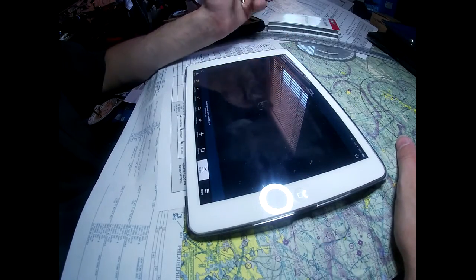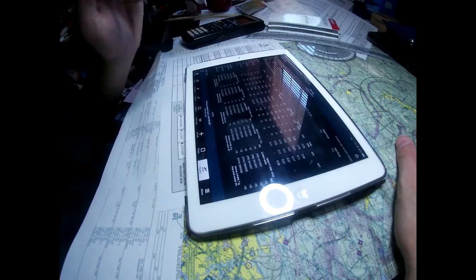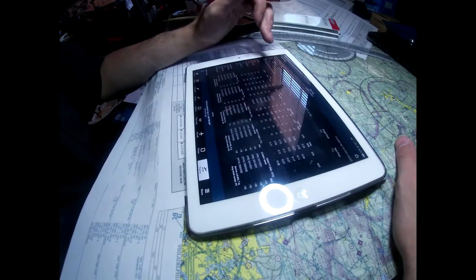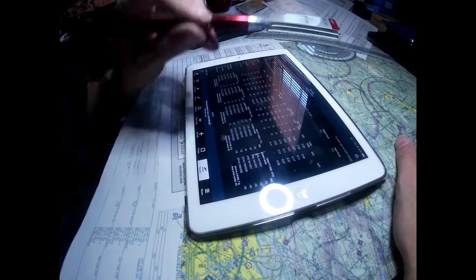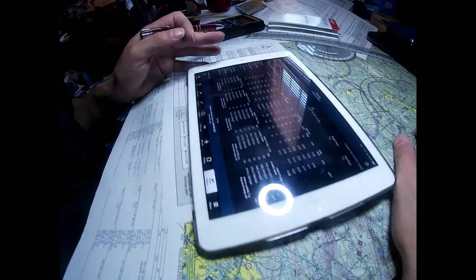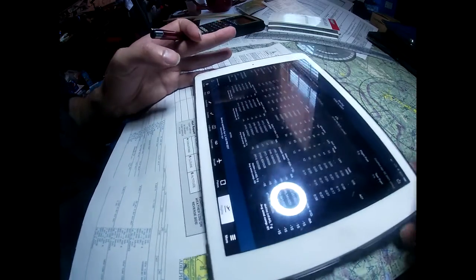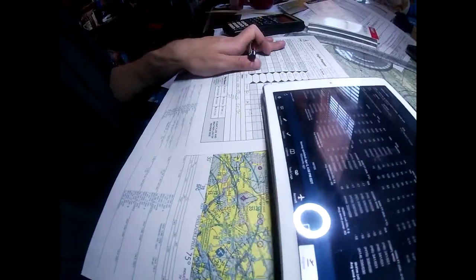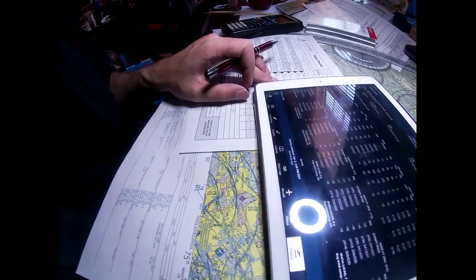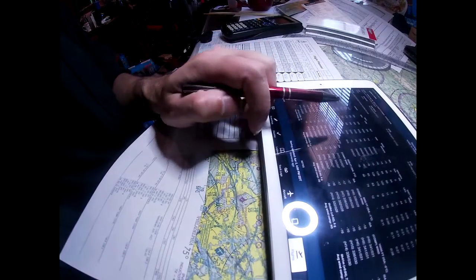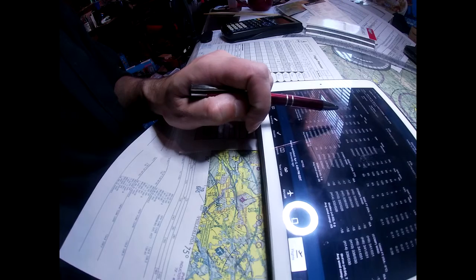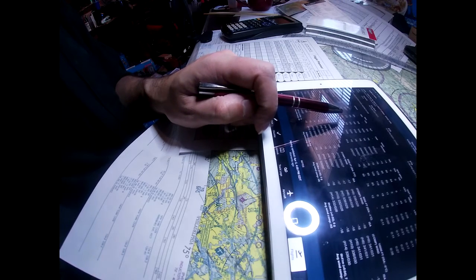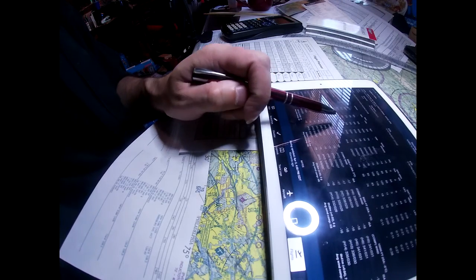The calculations once again came out pretty good. So heading, we said 276. We got about a 284, 286, 279, 282.